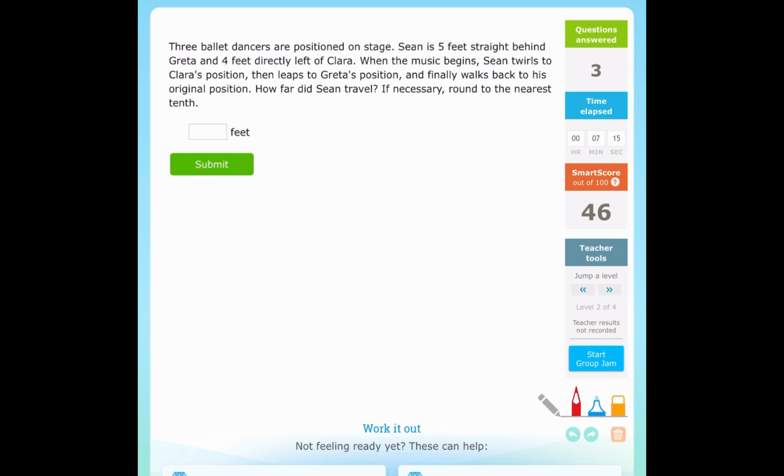Now let us do some word problems from the Pythagorean theorem. Here we have three valid answers that are positioned on stage. Cn is 5 feet straight behind Greta and 4 feet directly left of Clara. So we are given the position of Cn, and I'm going to mark Cn here. It says Cn is 5 feet straight behind Greta, so I'm going to put Greta here.